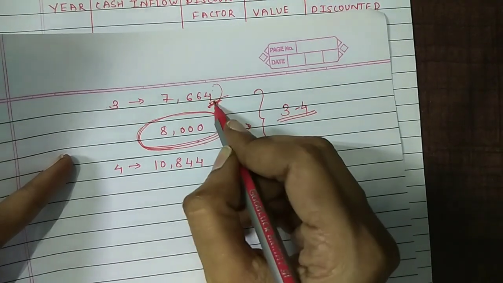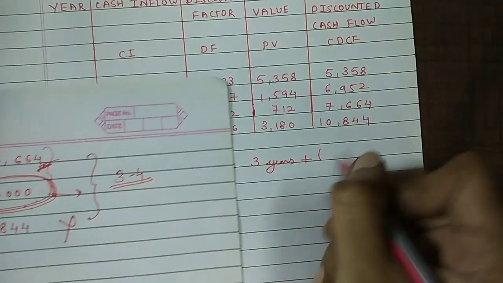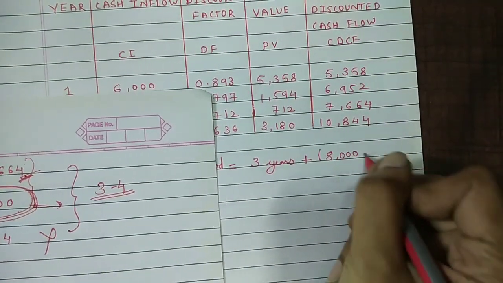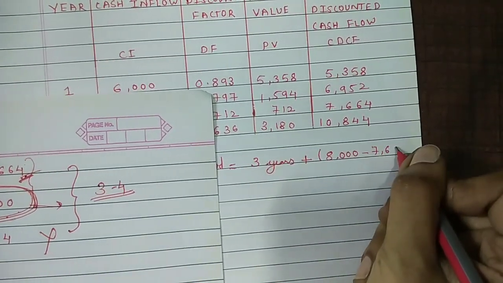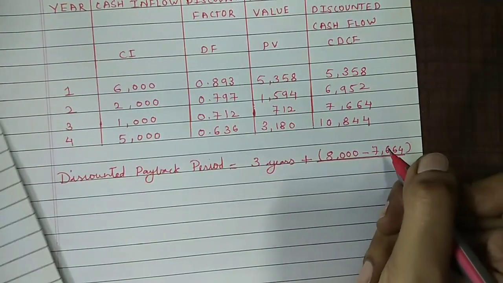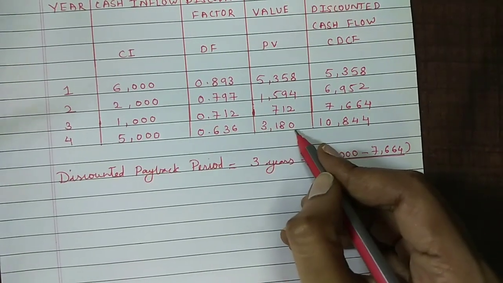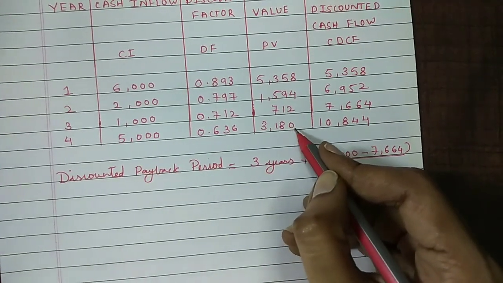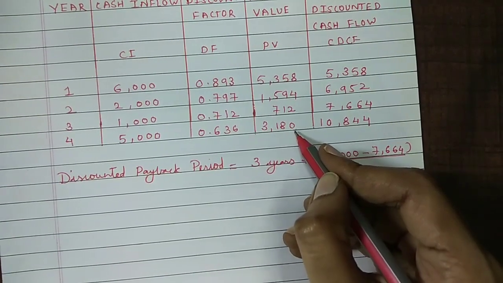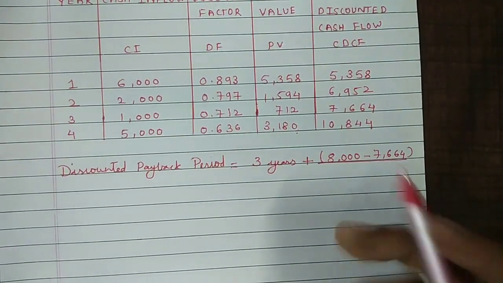So that is 8,000 minus 7,664, divided by the cash inflow of the next year. Here I am going to consider the present value of the next year, that is 3,180.